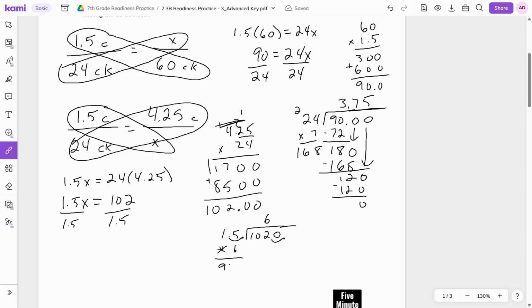That's going to give me 90. That's going to be 120. And I can do 7 times now, because that is going to be 105. Actually, I can do 8 times, and that's going to get me right to where I need to. So 15 times 8 actually is 120, so we're good there.